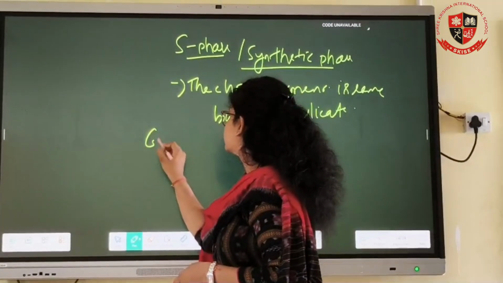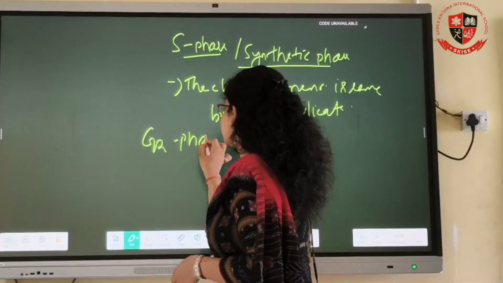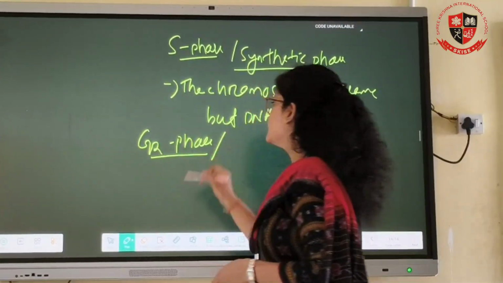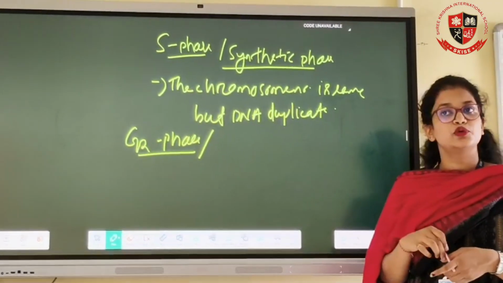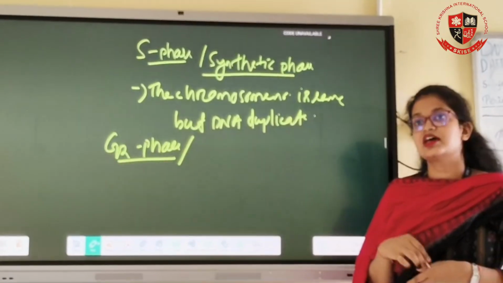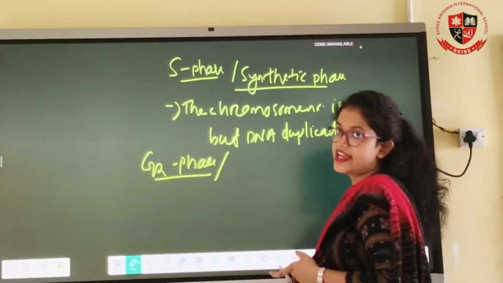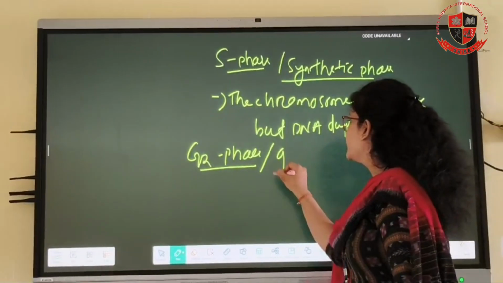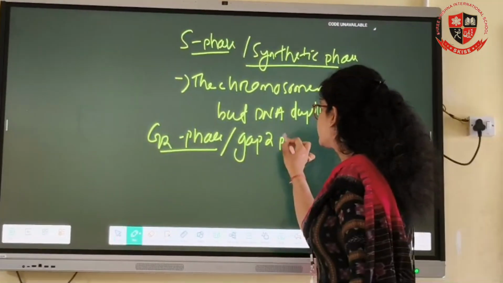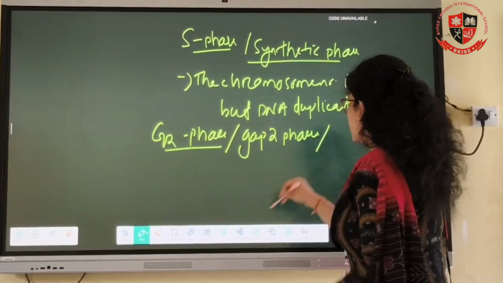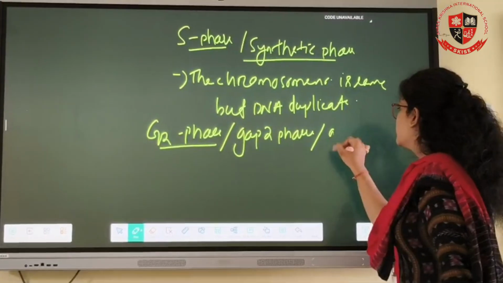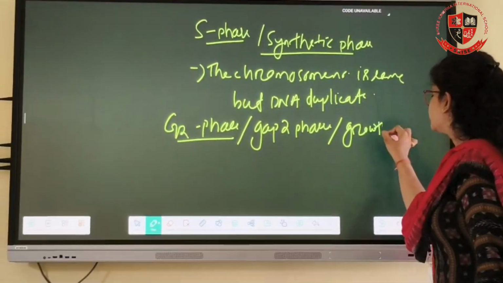Then the G2 phase. G2 phase is otherwise called gap 2 phase, growth 2 phase, and pre-mitotic and post-synthetic phase.